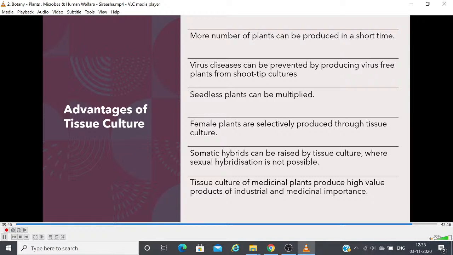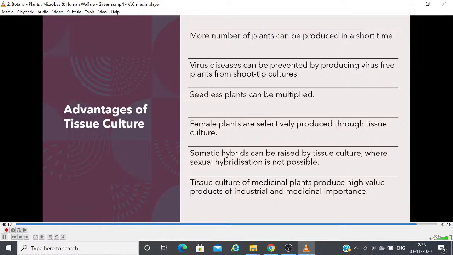Seedless plants can be multiplied, and this is not formed by hybridization, so some seedless plants can be multiplied here. Female plants are selectively produced through tissue culture. So if you take callus, if you take the explant from the female plant, we get female plants only.